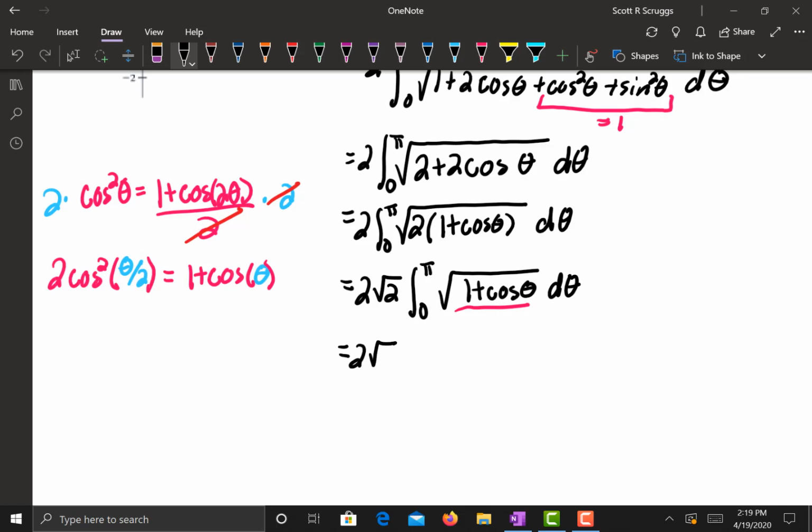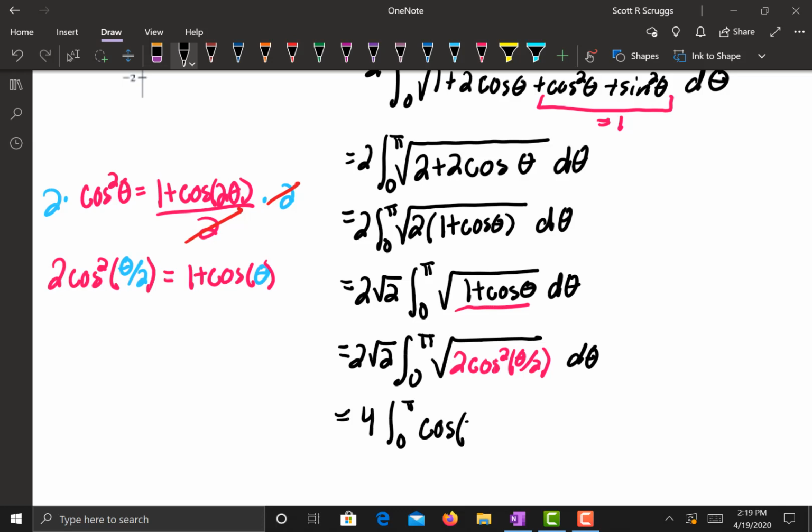I'm going to now use that fact and substitute in 2 times cosine squared of theta over 2 for the 1 plus cosine. Alright, and thanks to that square root, I'll have square root of 2 times cosine of theta over 2. 2 times the square root of 2 times another square root of 2 gives me 4, integral from 0 to pi, cosine of theta over 2 d theta.